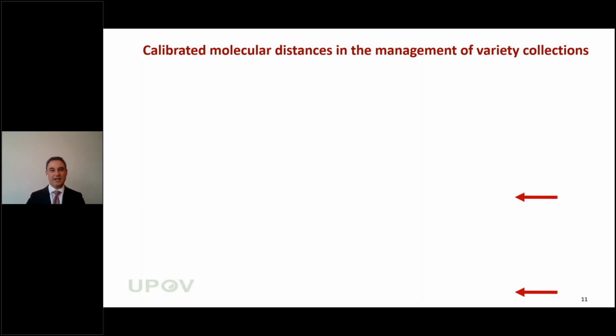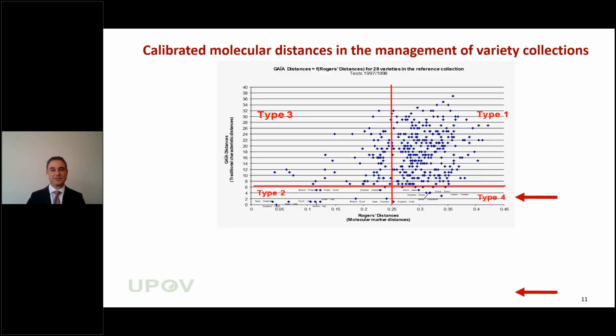But now let's have a look at the models that did receive positive assessment. The first, calibrated molecular distance in the management of variety collections. In an ideal scenario, you could possibly find a linear correlation between the genetic distance and the phenotypical distance or difference between pairs of varieties.